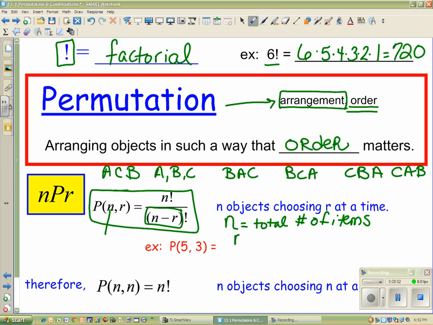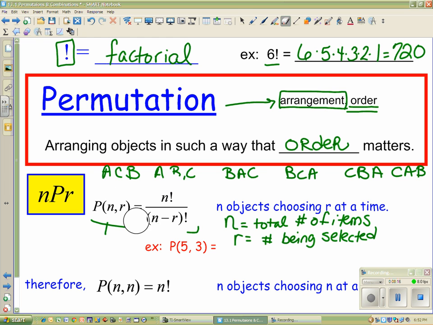And r equals the number being selected or chosen. So usually when we read permutations n comma r, there are n objects where we're choosing r at a time.